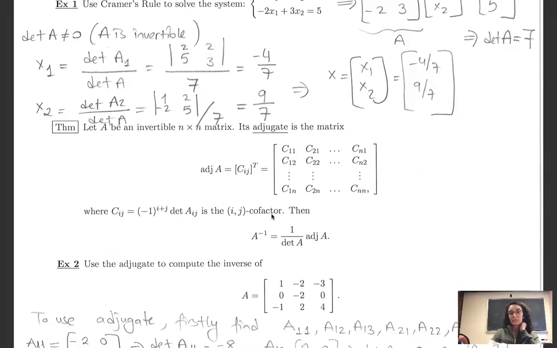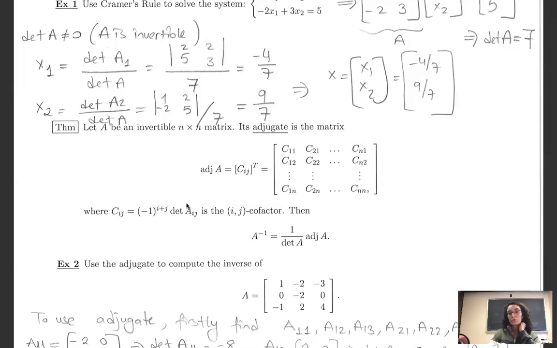Actually, we mean here, if you want to find Cij, for example, let's say C11, then you will go to your matrix A, go to the first entry, and cover up the corresponding column and row. Since you are at the lowercase a11, where i is 1 and j is 1, this constant will be minus 1 to the power 1 plus 1, so this will be positive.